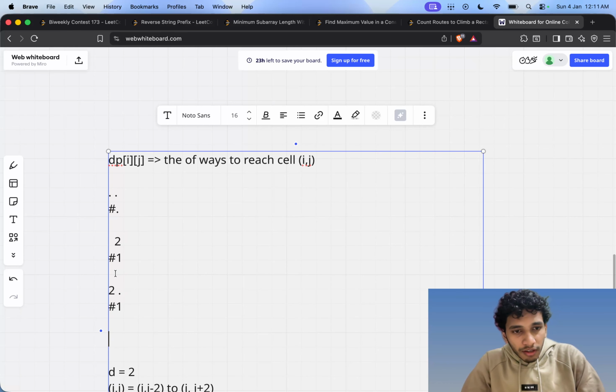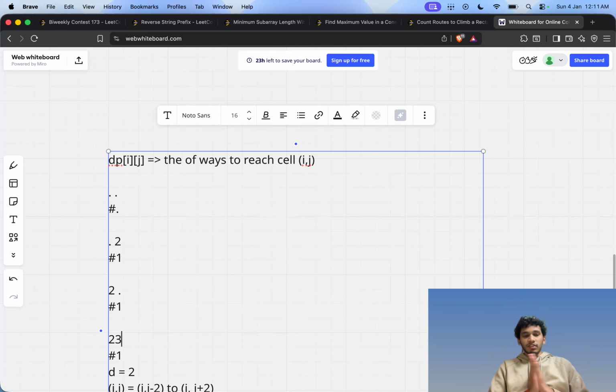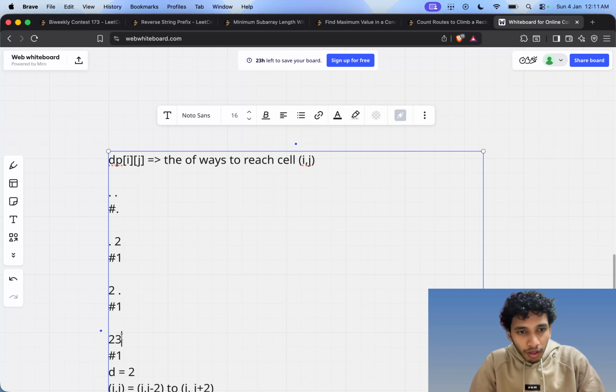What is the third scenario? The third scenario is we could have started here, we could have moved here and then moved here. Okay, because in the second step we could choose to remain in the same row but a different column. Okay, so in the third step we moved here.